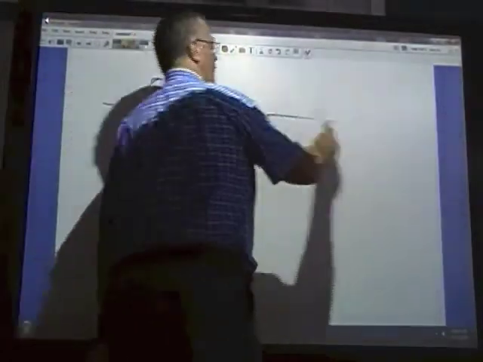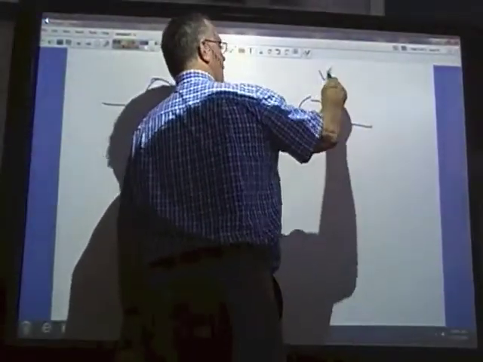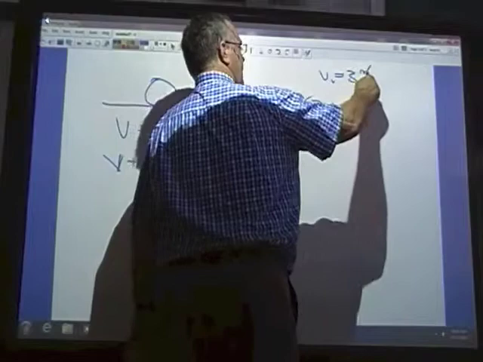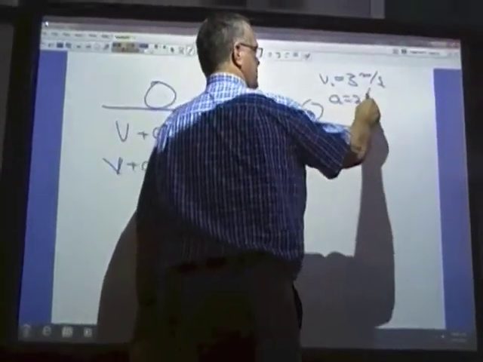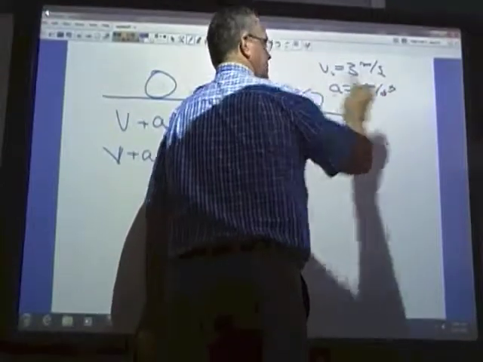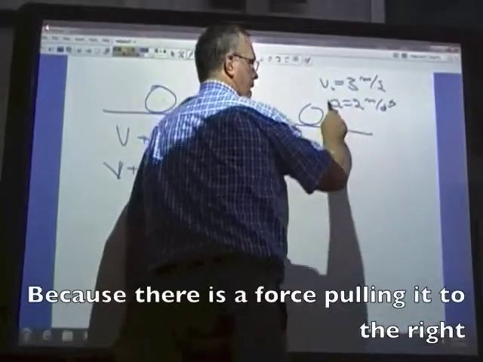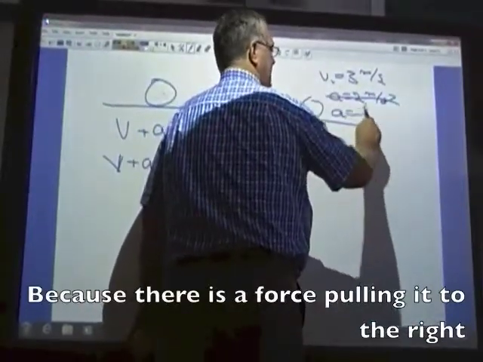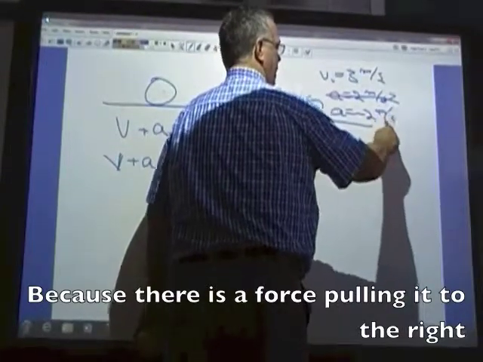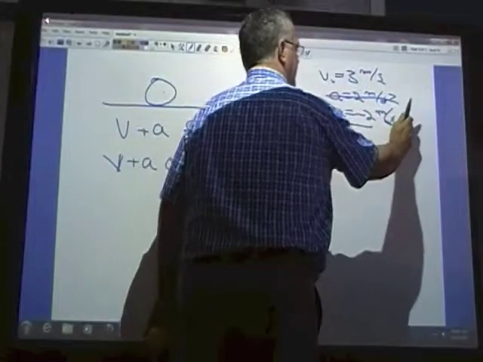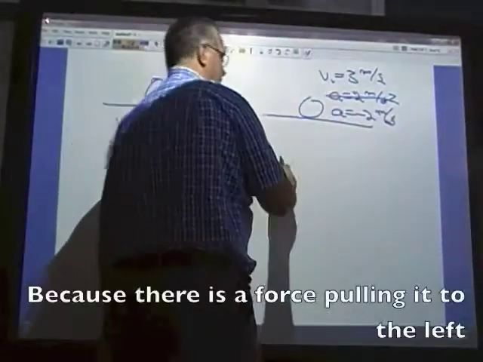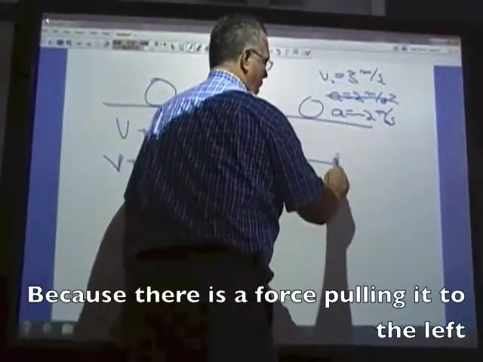So, if I have a ball and it has a velocity of 3 meters per second, it's going that way. If the acceleration is 2 meters per second squared, it's speeding up going that way. If the acceleration is -2 meters per second squared, it starts off at 3, slows down, stops, and then comes back this way. And it's the same thing with free fall.